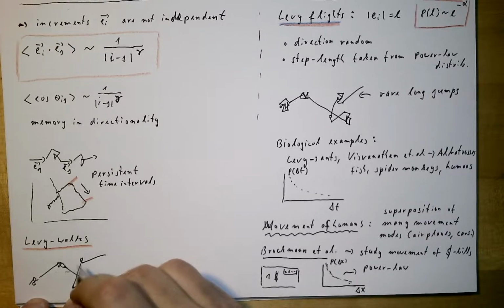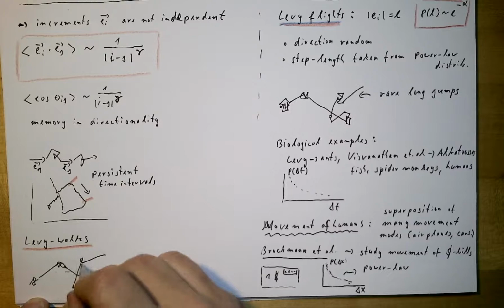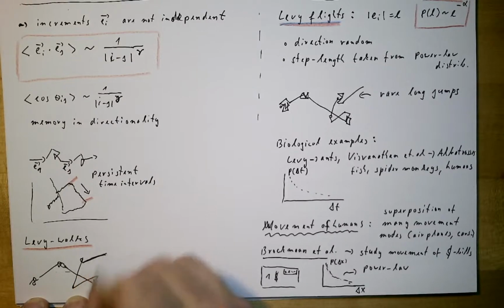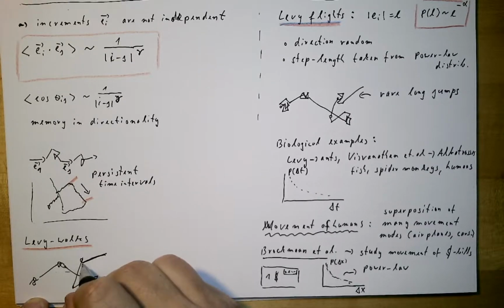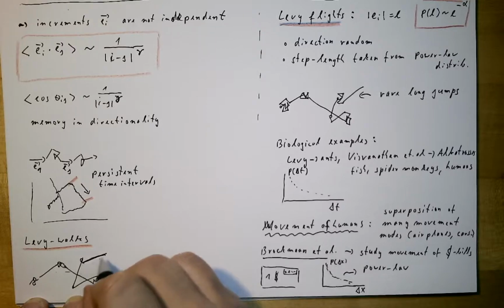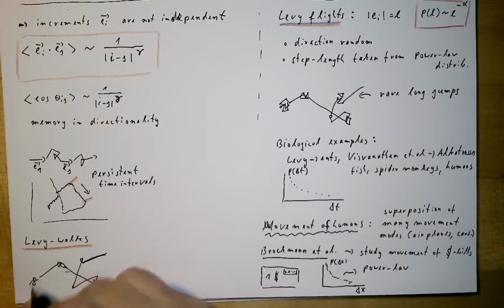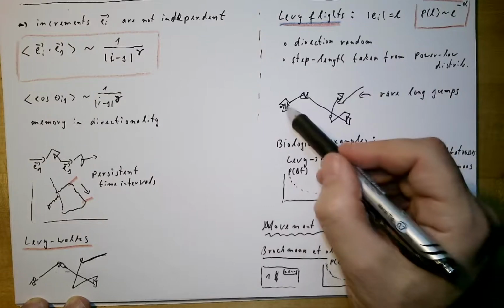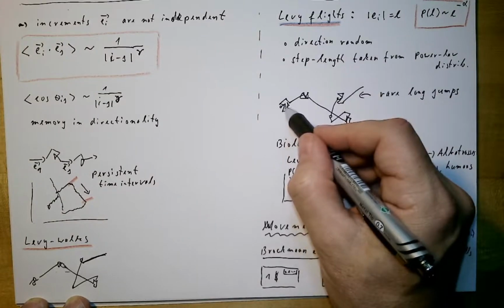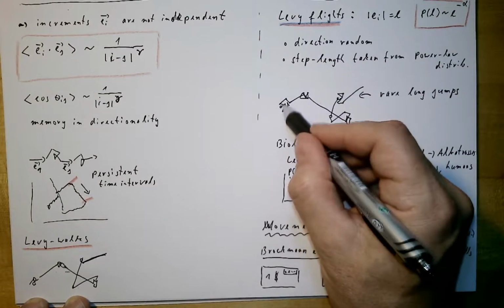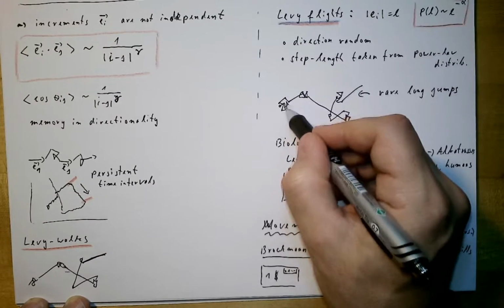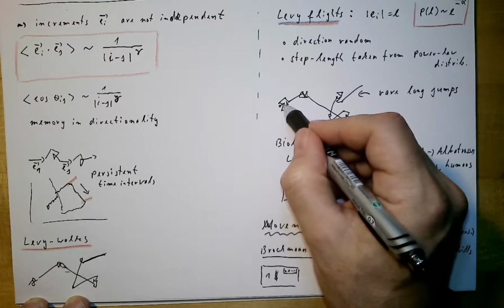But the difference is that in a Levy flight the animal moves from one point to the next in one step, because every step takes the same time.